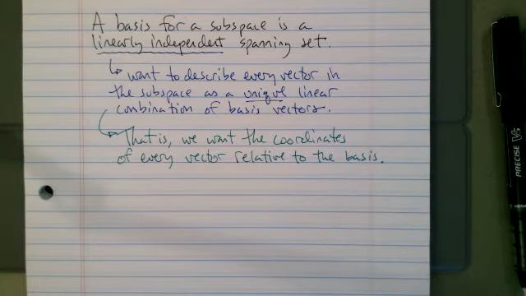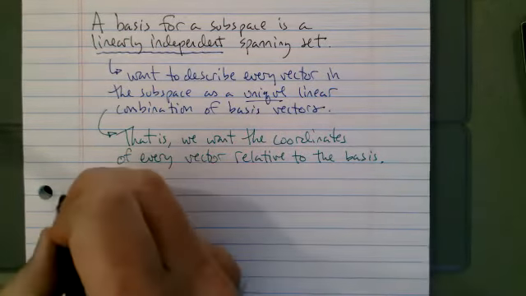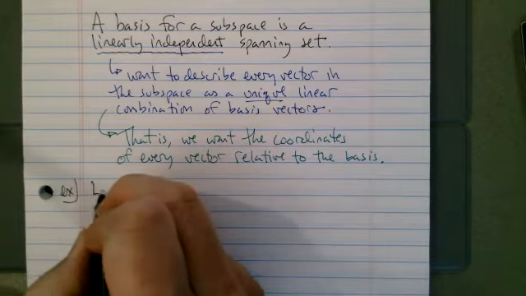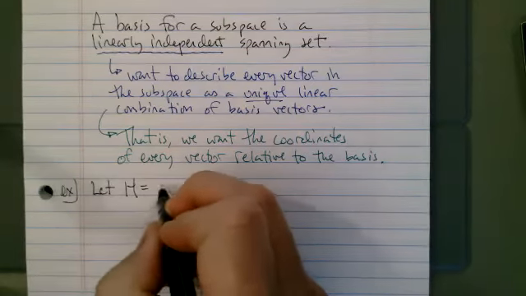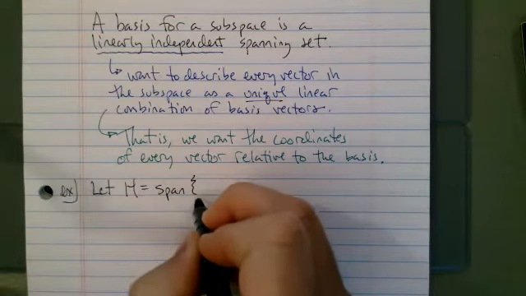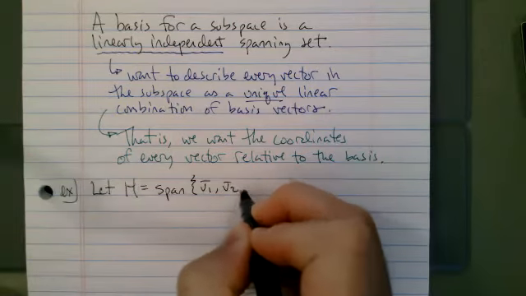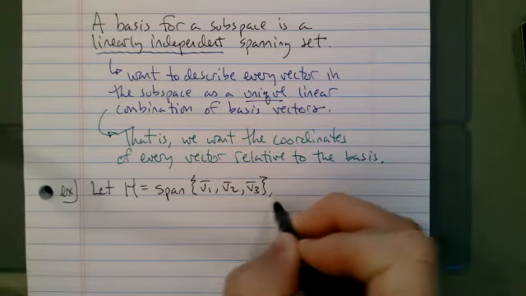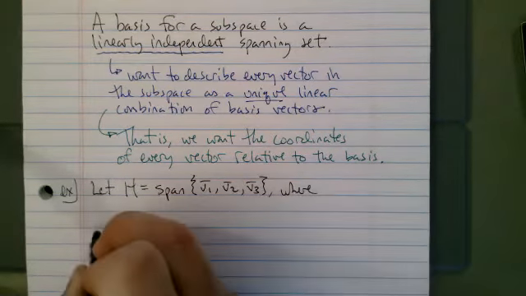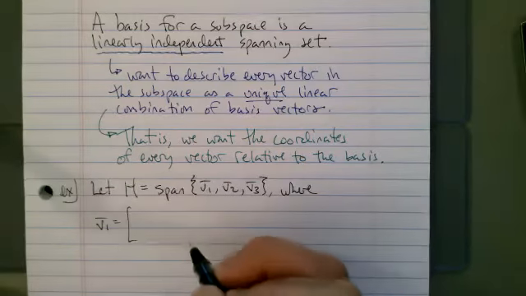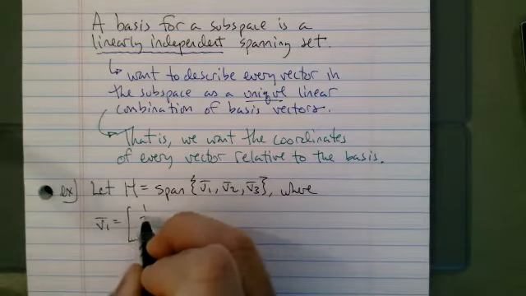So I'm going to write down a set of vectors, and I'm going to define a subspace as the span of that set of vectors. So let's look at an example. Let H be the span of V1, V2, and V3, where V1 is the vector 1, 2, negative 3.